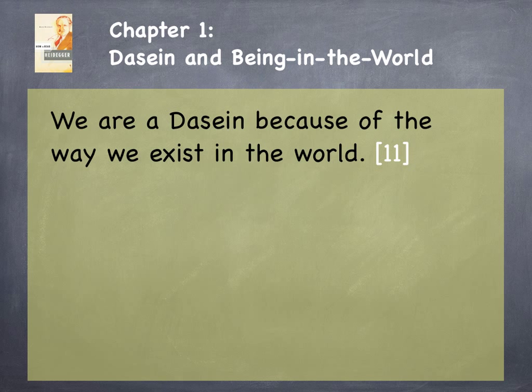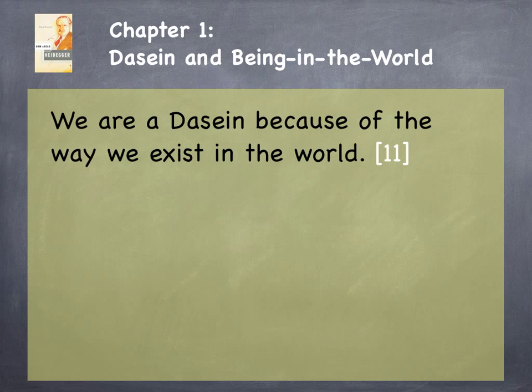In the next paragraph, I was very struck by this sentence. We are a Dasein because of the way we exist in the world. Now, this comes halfway through the paragraph, a paragraph that is attempting to explain why Heidegger chooses to use an invented word to refer to human being. But I think you might miss a really extraordinary implication of this. Let me explain what I'm thinking here.